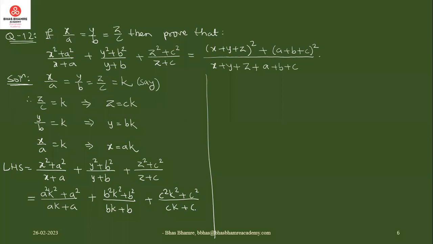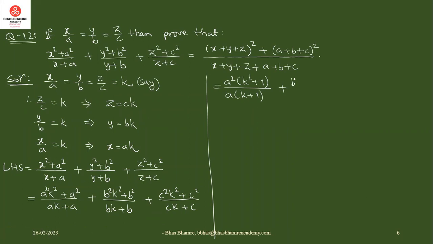So we have here, from numerator, I can take a square common in bracket k square plus 1, upon a common in bracket k plus 1, plus b square k square.